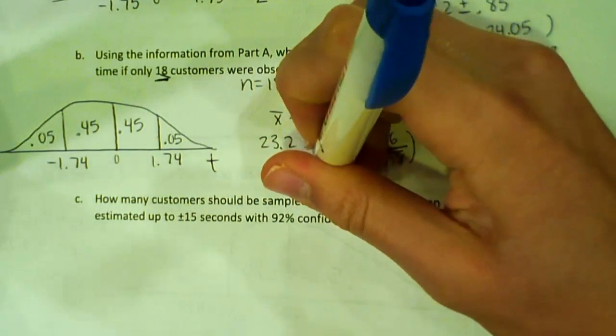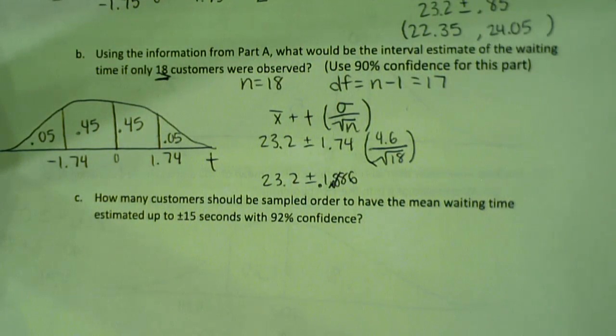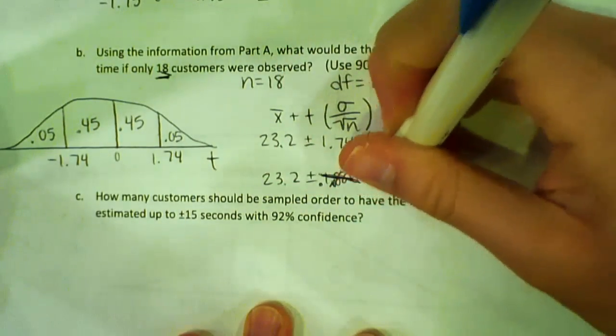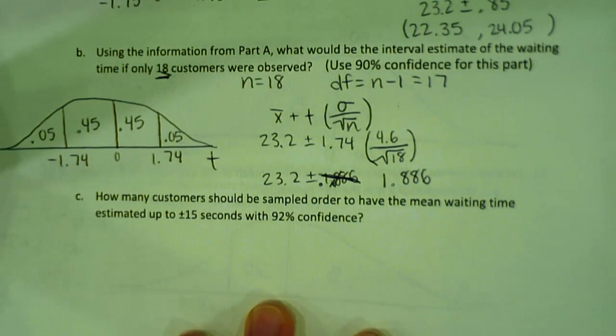So the decimal should be here. Yeah. We were right the first time. Okay.